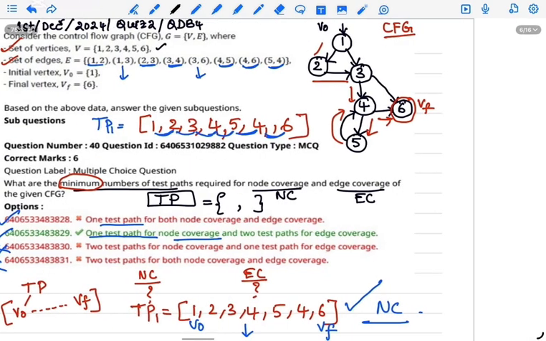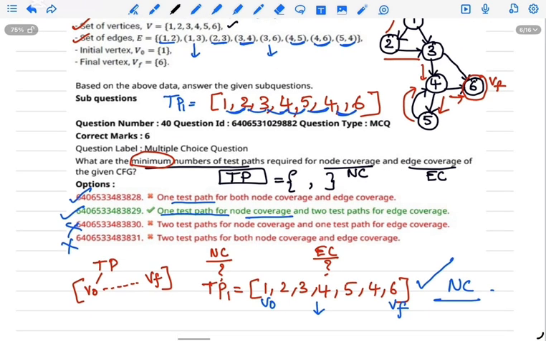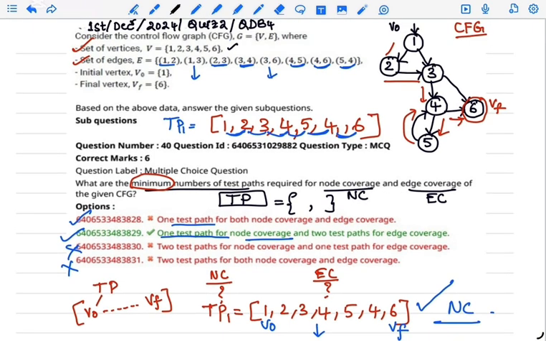Consider a test path that covers 1, 3 and 3, 6. This is a direct test path, right? If we consider test path 2 starting from V0: 1, 3 and 3 to 6, VF. This is the second one, and this is the first one. So test path 1 covers all the nodes.